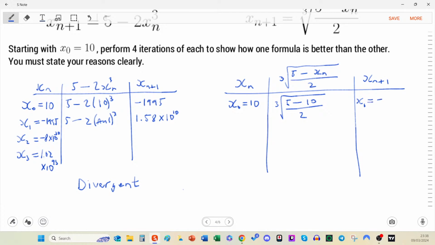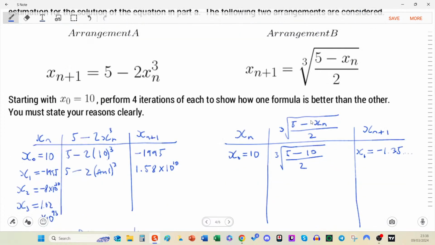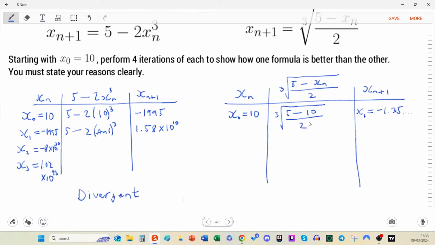And it's negative 1.35, because we don't want to write it all. Now, just take a look at what we're aiming for here. We know from earlier that the solution is between 1 and 2. So that first rearrangement formula being divergent, no good. But if we immediately come in at minus 1.35, I know it's negative, but sometimes these have the effect of getting closer.